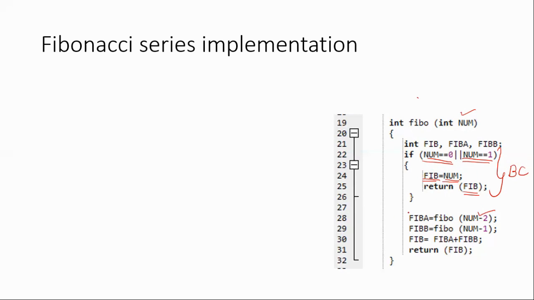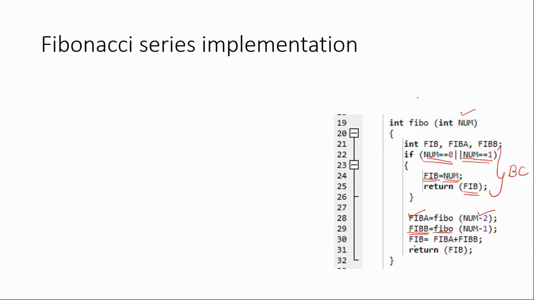After completing this, if it returns a value, it's going to be fibA. Then depending on the stack condition, the present number will be reduced by 1, and this number is going to be passed here into Fibo, and that will return a value fibB. Again, it depends on the condition whether it's going to return the value or not.